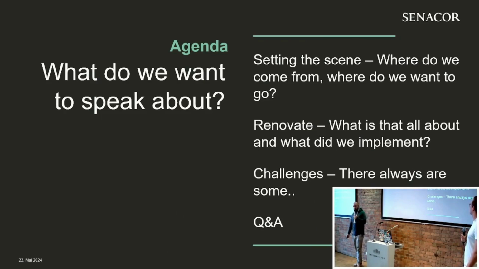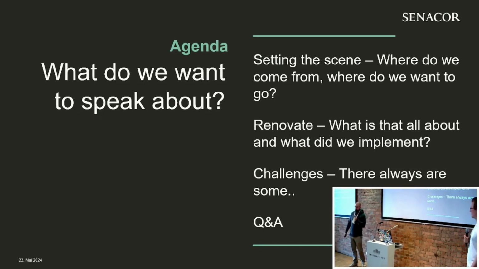And what do we want to speak about? First of all, quickly setting the scene: where we come from, what kind of projects we had at our clients, why we wanted to introduce automated dependency management, and why we have so many vulnerabilities in the beginning. Then Bastian will take you through the tooling choice that we made.